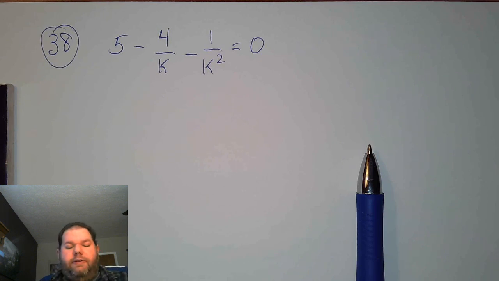But a problem like this, even though it doesn't look quadratic, is actually a rational function or rational equation. And what we mean by rational is that it can be written as a fraction. Basically, it has fractions.